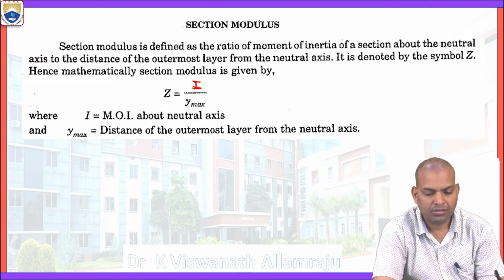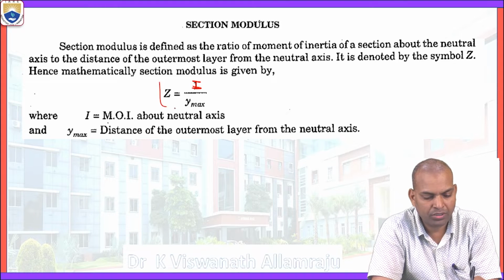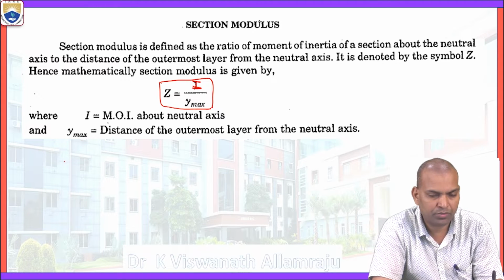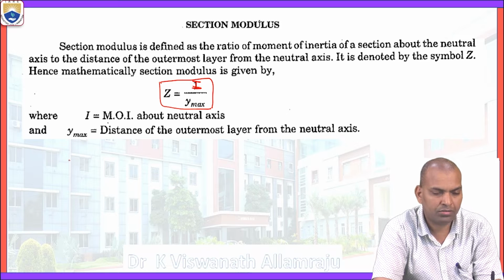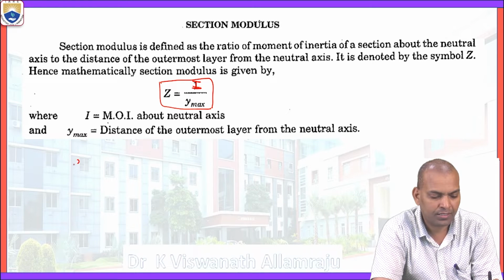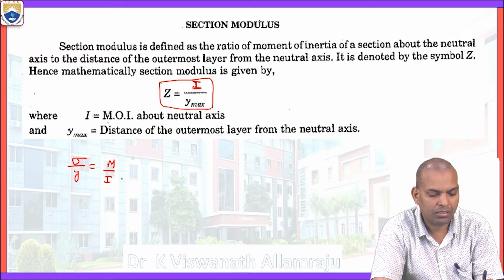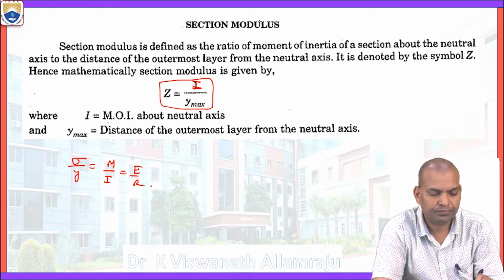This formula came from the simple bending equation, sigma by y equal to M by I equal to E by R.